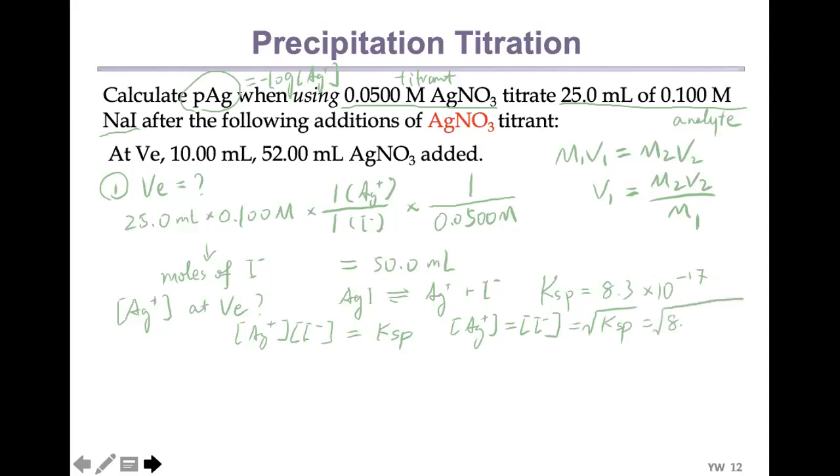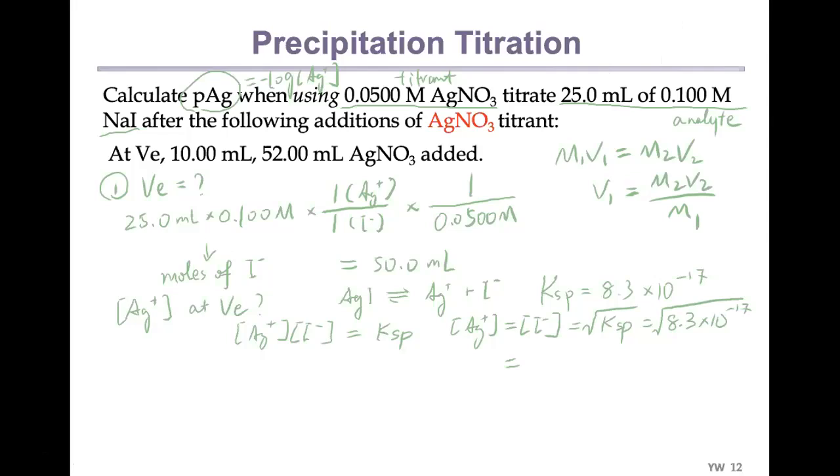Okay. And what do we get here? And how many sig figs are we supposed to keep here? Two, right?